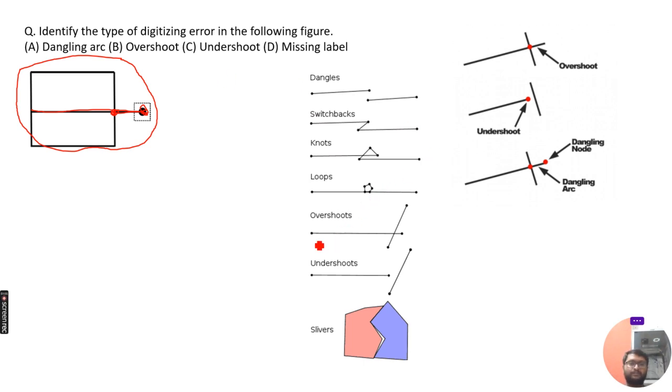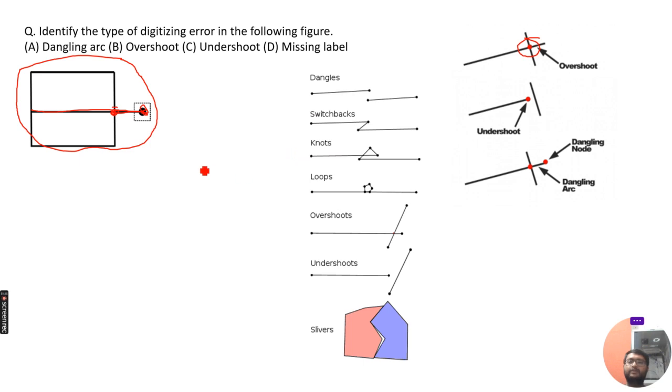Overshooting will cross the particular point where they have to connect, as you can see here also. So if only the black point in this figure is given, it's overshooting only, but if two points are given, this along with another one, then it is considered a dangling arc.